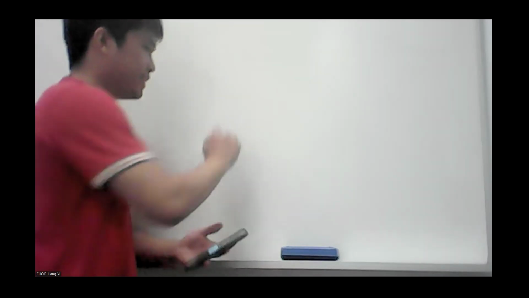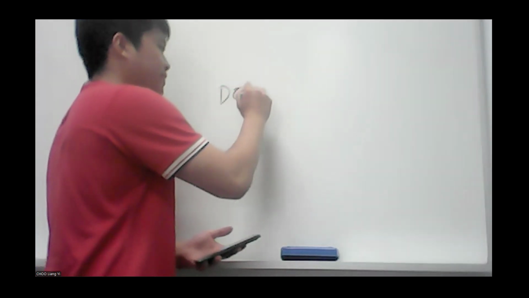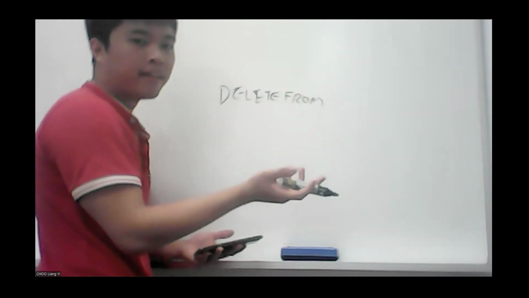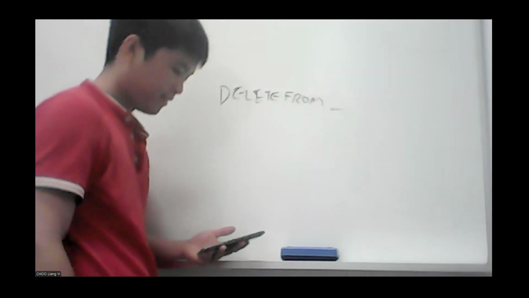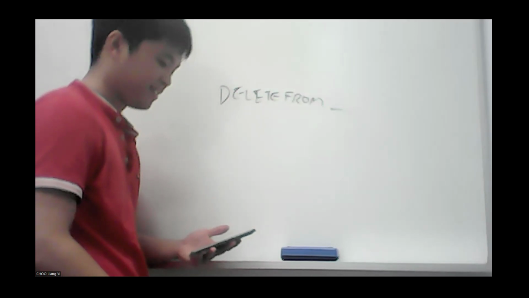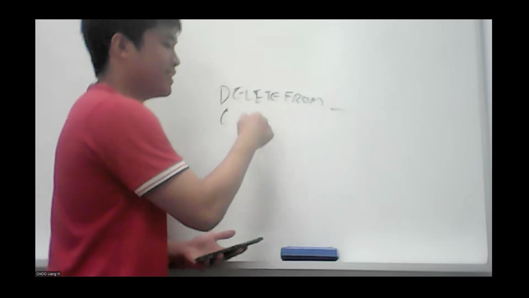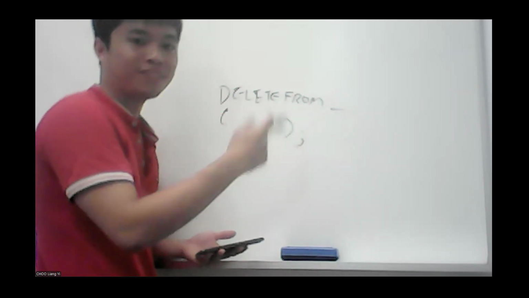Then okay, so the most complicated one will be read. So I just gotta read that another part. Delete quite simple. Delete is just delete from where? Delete from table. Then just put what you want to delete, then semicolon.